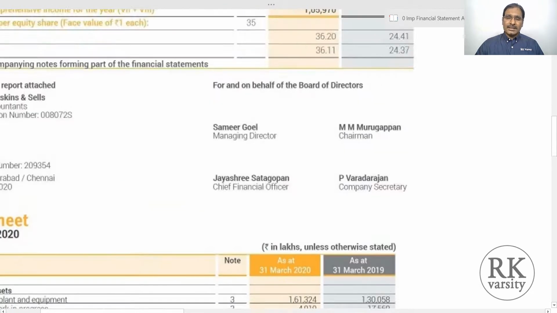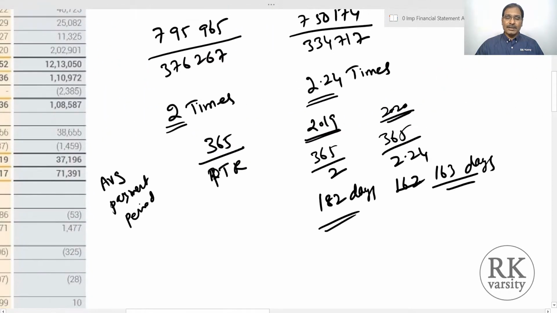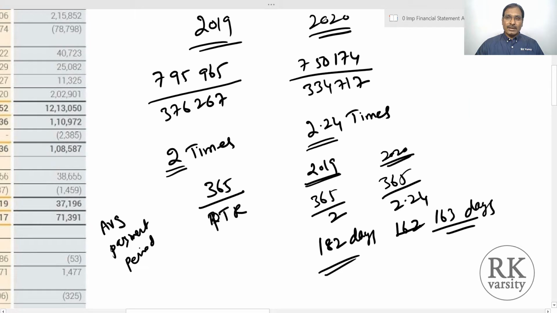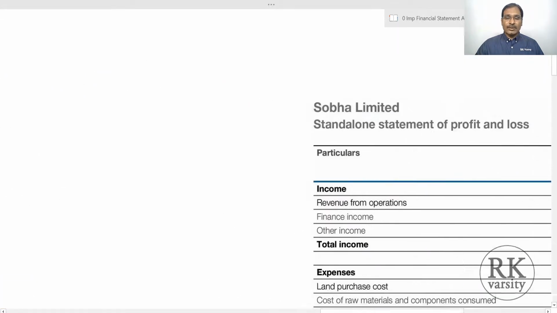So in this case, the high average payment period will give liquidity and flexibility to the company in terms of working capital requirement, because while calculating the cash conversion cycle, the average payment period is deducted from your total conversion cycle. So in that sense, the company requires less working capital, and this acts as a kind of short-term financing source for the company. So this is the case of Coromandel, and we look at another one.